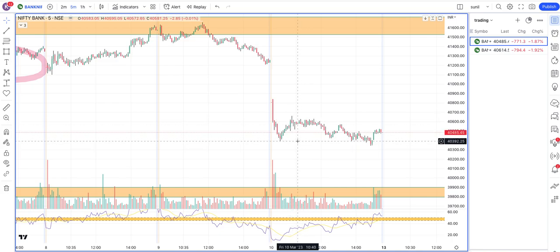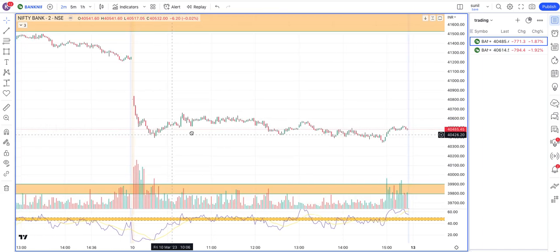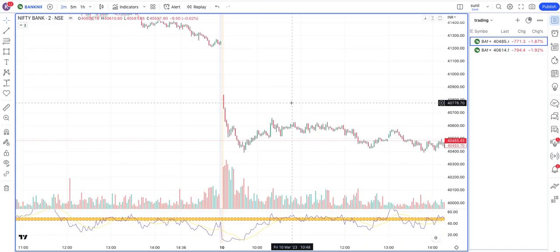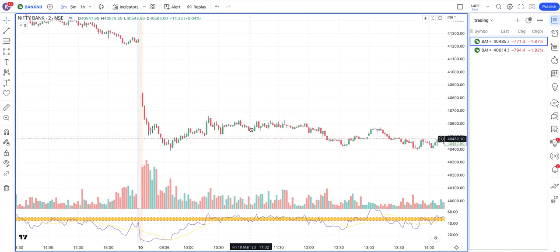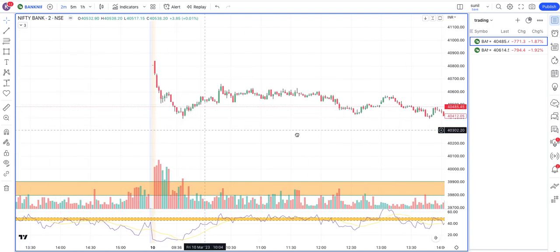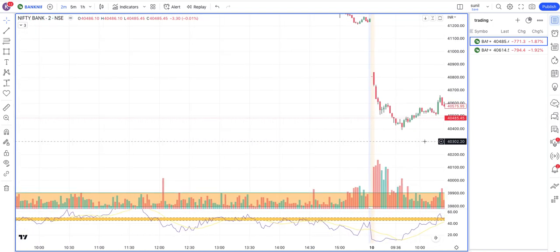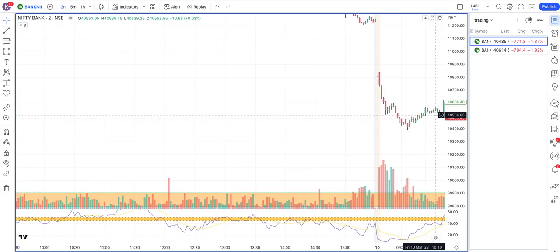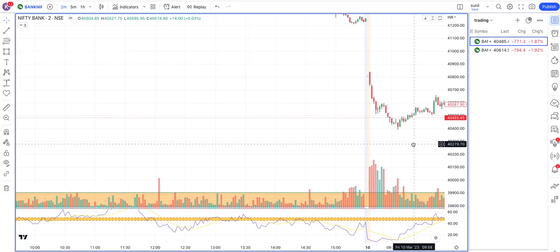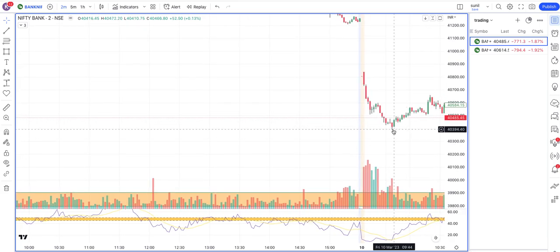So how do we take the trade? Based on my understanding, I thought, okay, let me go to the 2-minute time frame. I started analyzing on the 2-minute time frame. Now when the market is here, if you see, there is a curve and then there is another curve. So what does this indicate?